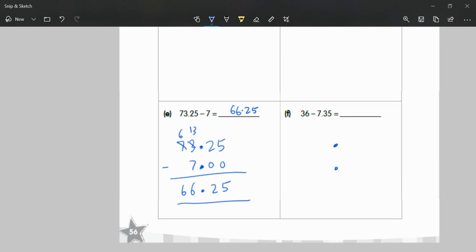And the last one here. Again, always have the decimal point. Okay, decimal point, operation, $36. Add in the zeros to help. Subtract $7.35. Do my regrouping as I would do any usual whole number.